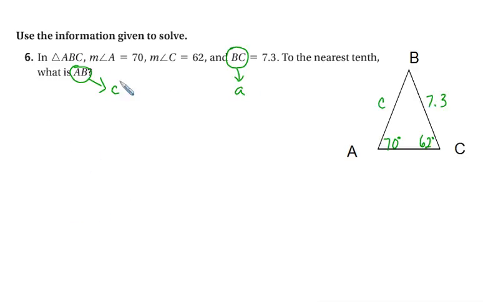We have the A's and the C part, so that's the part of the law of sines I need. Sine of A over lowercase a equals sine of C over lowercase c. So let's plug in. Sine of A, the measure of angle A was 70 degrees.